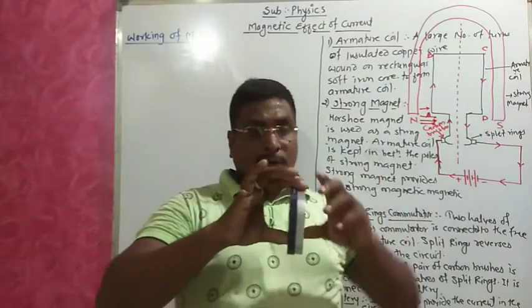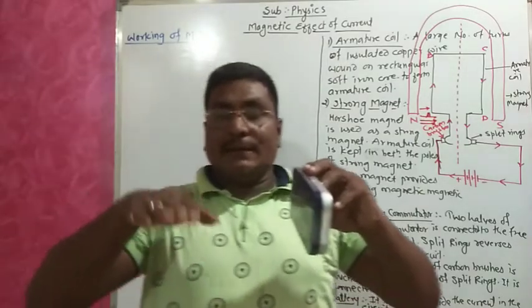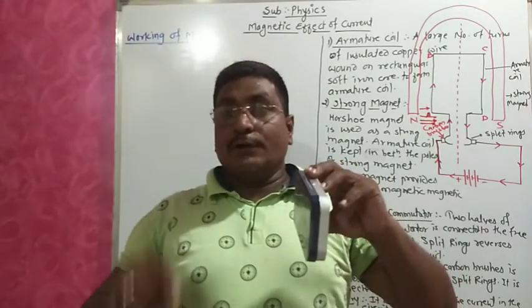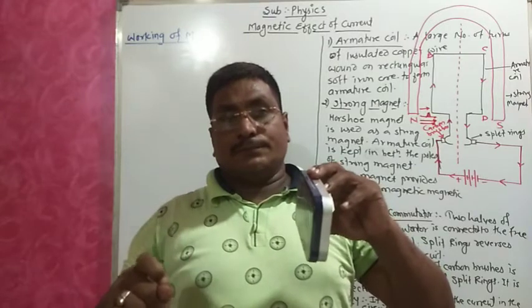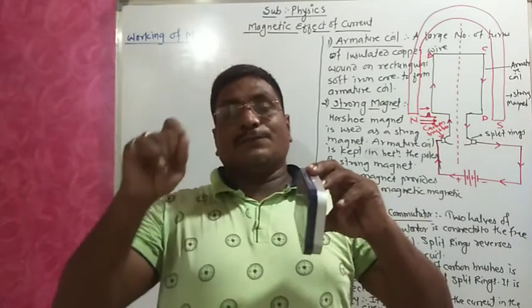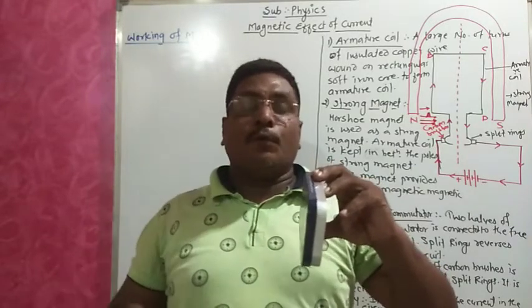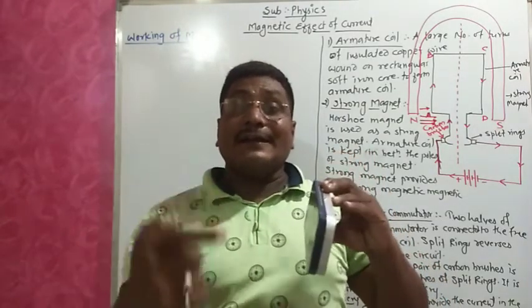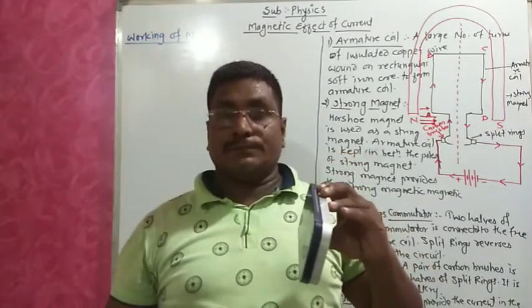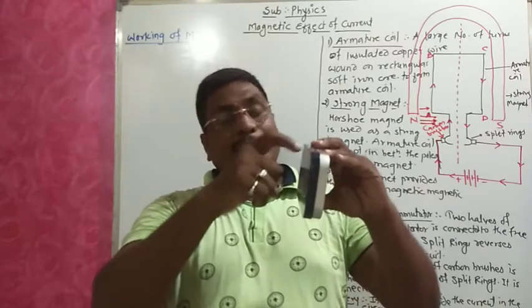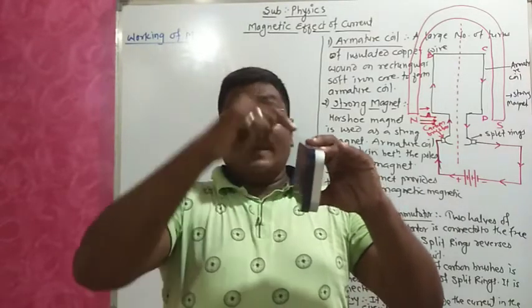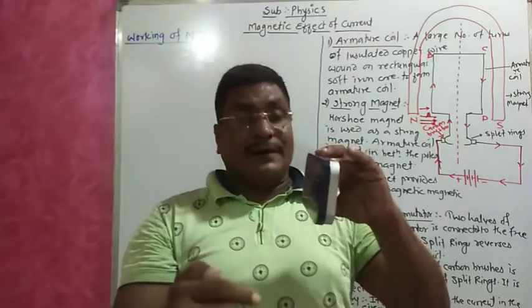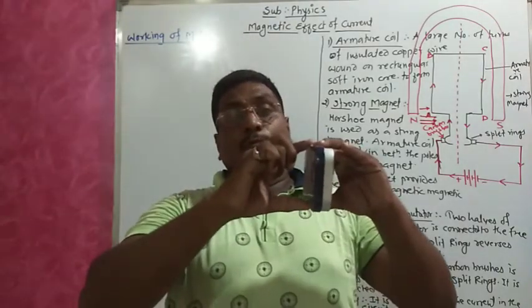But once anything is in motion, according to Newton's first law, inertia of motion, if anything is in motion, it continues its motion. So in the same way, it is in motion. Now after switching off the current, it continues its motion.